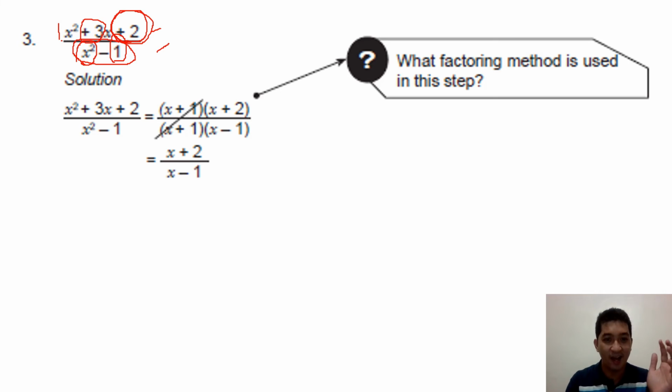Okay? Hindi isahang terms lang. Binomial. So, x plus 1 parehas. X plus 2 over x minus 1, wala ka nang pwedeng gawin dyan. Simply, x plus 2 over x minus 1 is the simplest form. Okay? Okay, we good.